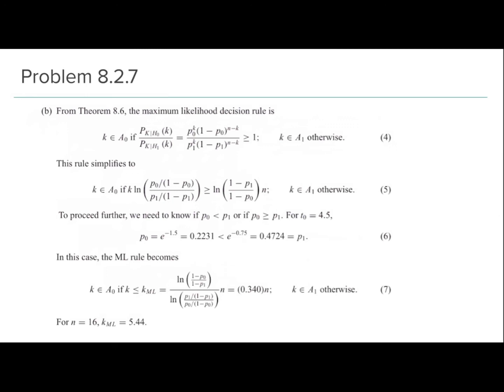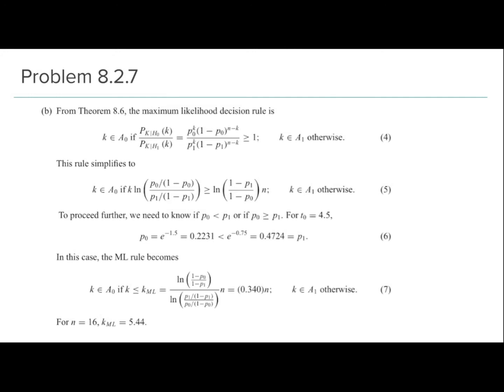You all can simplify it further and put in the values. We're given the values of t naught and n, and we can use them to find the values of p naught and p1, and simplify this expression further, right?